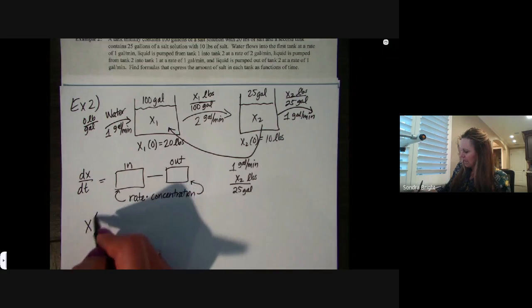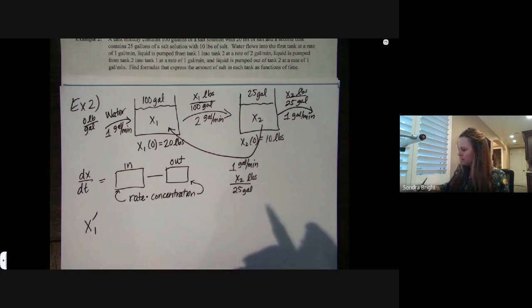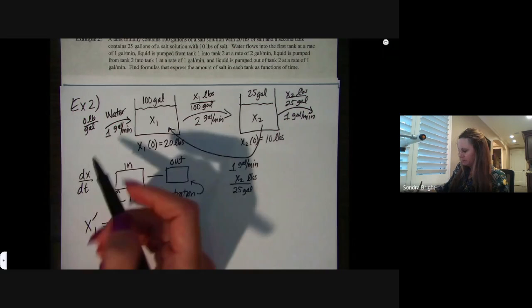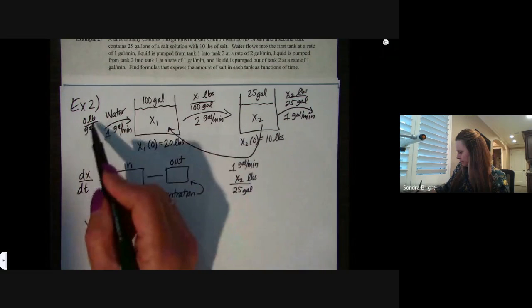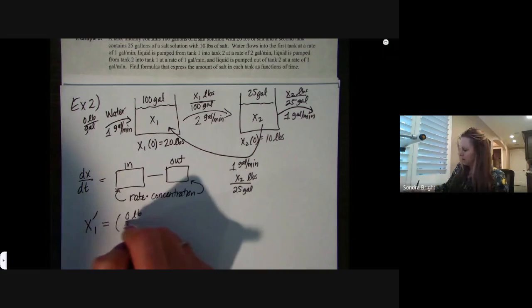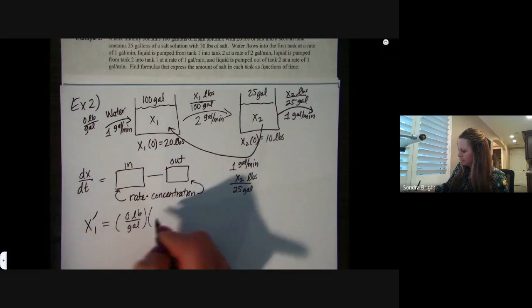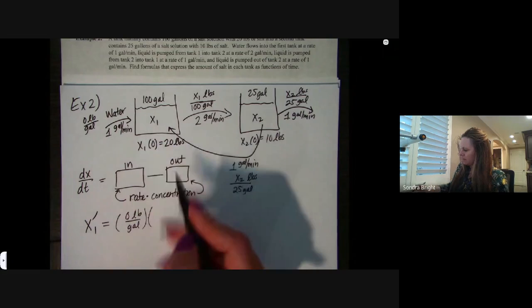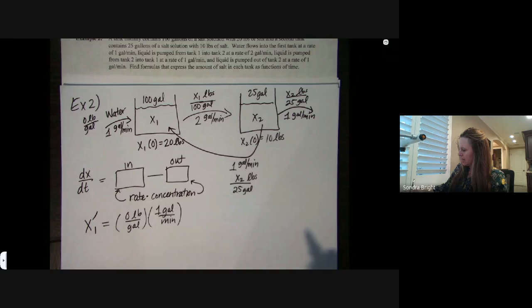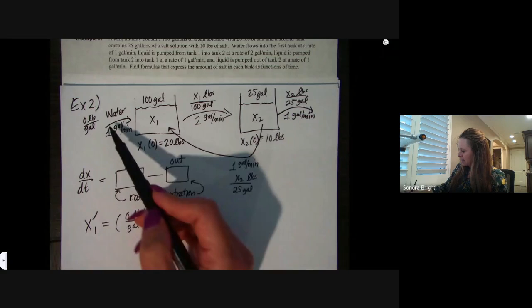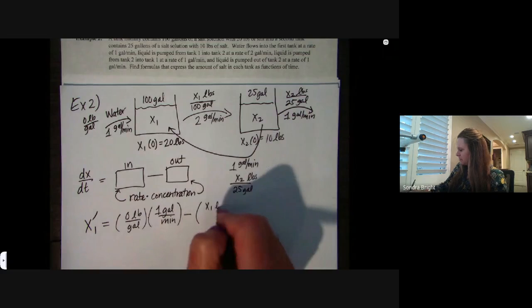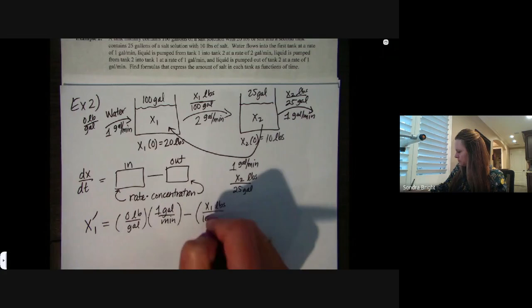So the change in x1 is: going in, 0 pounds per gallon times the rate, 1 gallon per minute, positive since it's going in. Going out, so subtract, x1 pounds per 100 gallons times the rate, 2 gallons per minute.